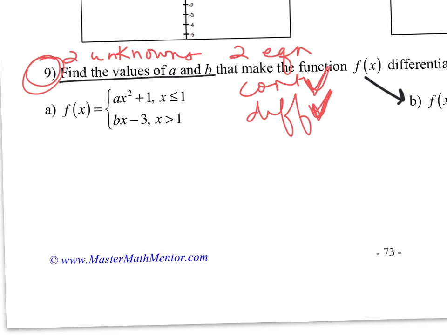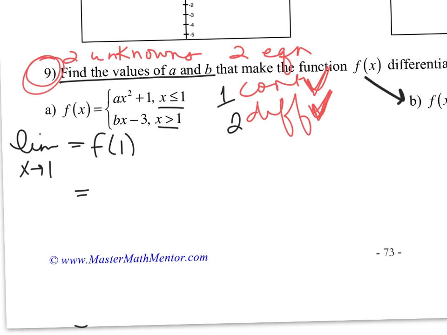So equation 1 is going to come from the fact that we need to force it to be continuous, and equation 2 is going to come from the fact that we need to force it to be differentiable. To be continuous, and we care about where the rule changes, the limit as x approaches 1 has to equal f of 1. F of 1 is 1 times a plus 1, so f of 1 is a plus 1.